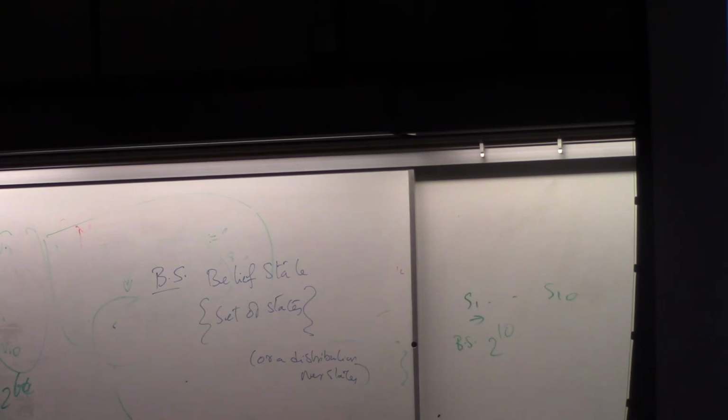There are 8 states in the current world. How many different subsets of 8 states can you construct? In general, in this class, if you doubt when I ask a question, you say 2 power. That will most of the time be right. Okay? If there are 8 states and you have to construct all subsets of the 8 states, the power set size is 2 power the size of the set.